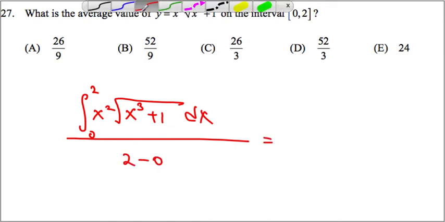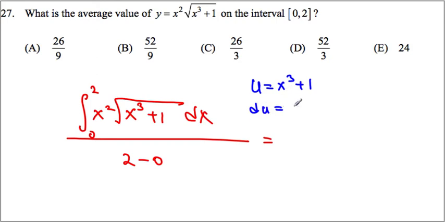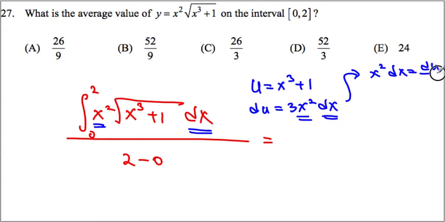Yes, by U-substitution. If you let u equal x cubed plus 1, you will realize that du is equal to 3x squared dx. Since we have x squared dx here, we have to divide by 3. Then x squared dx becomes du over 3.